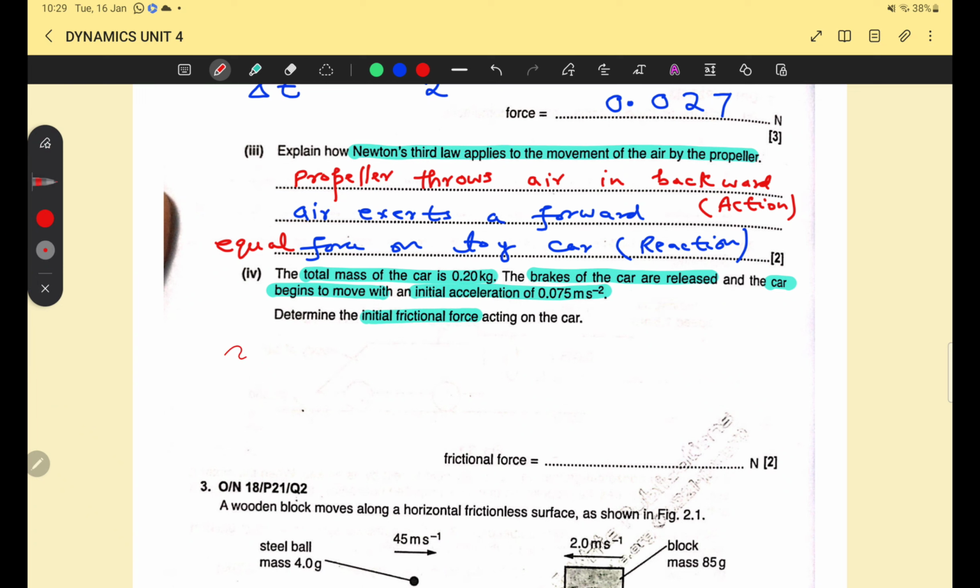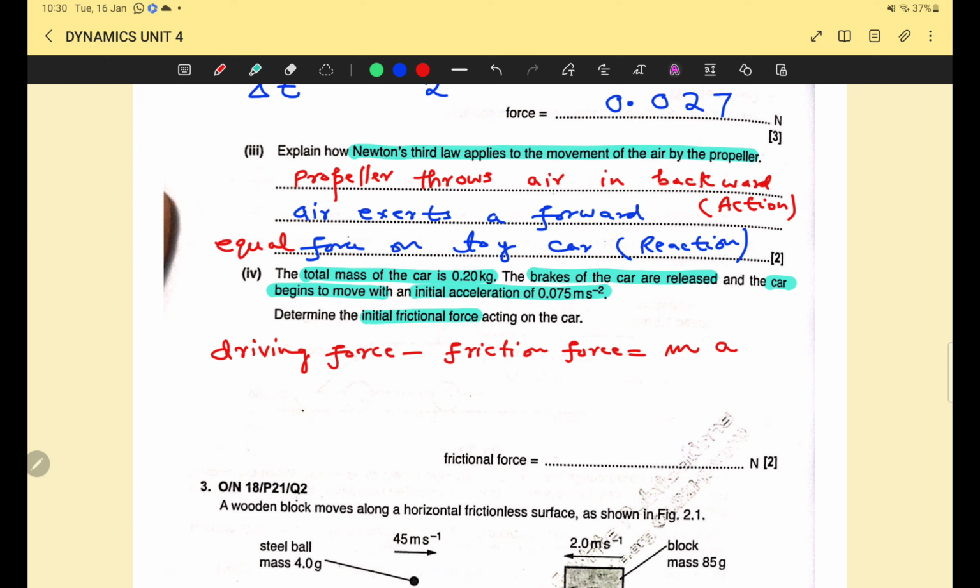Number one, driving force, coming from the propeller, and this driving force is opposed by the force of friction. You know that force of friction always opposes motion. So the driving force from the propeller acts forward, friction acts backward, and their difference equals ma. It is the resultant force.